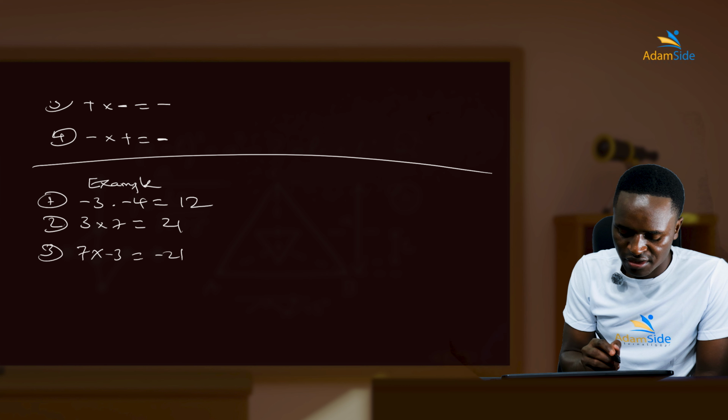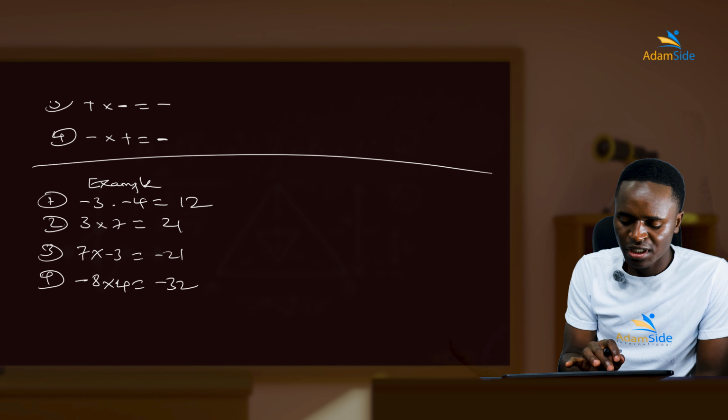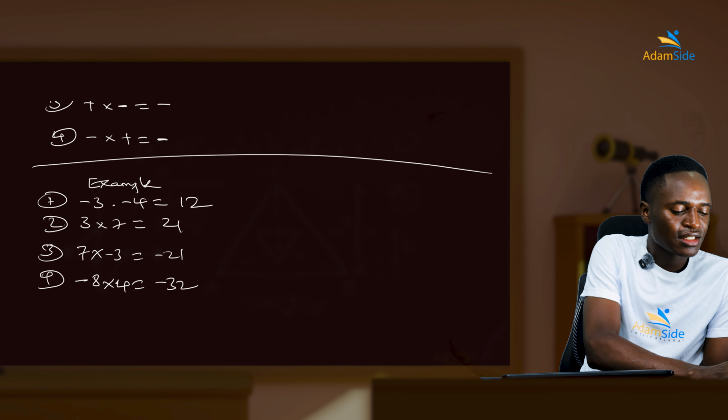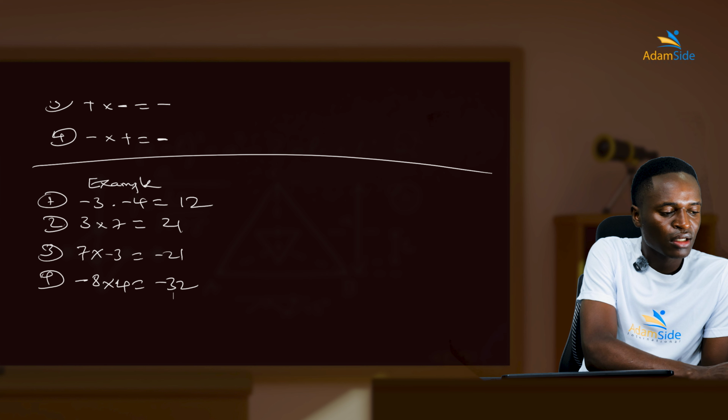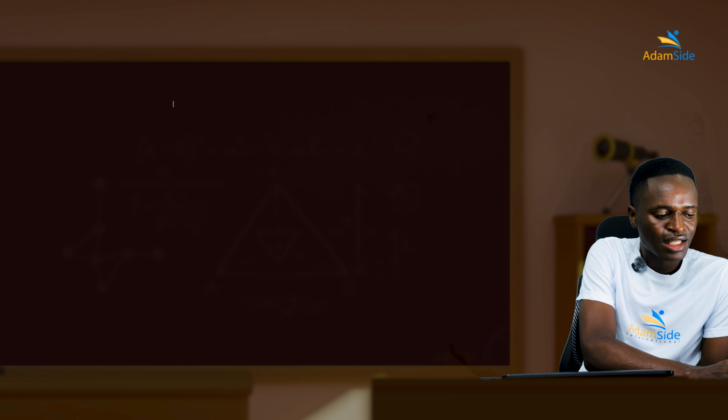So these two answers are different. Then number 4, you have negative 8 times a positive whole number, you get negative 32. When negative is multiplied by positive, the answer is negative. That's it. These are the majority of the questions that you will experience in integers. There is nothing more.